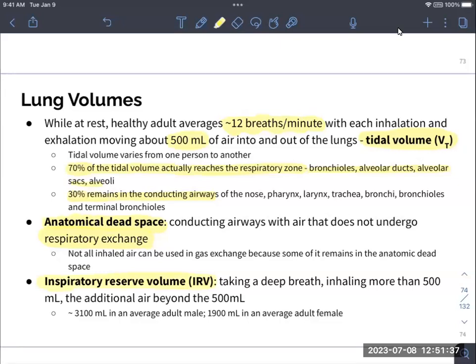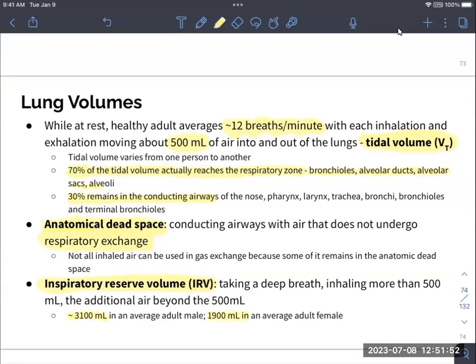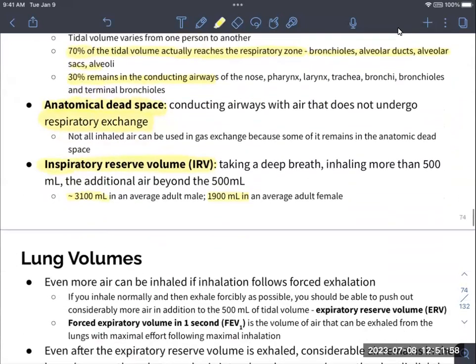The average male can take in about 3,100 milliliters of air in their inspiratory reserve. Females can take in about 1,900 in their inspiratory reserve. Again, everybody's a little bit different, and it's going to depend on the size of the person and the size of the lungs.